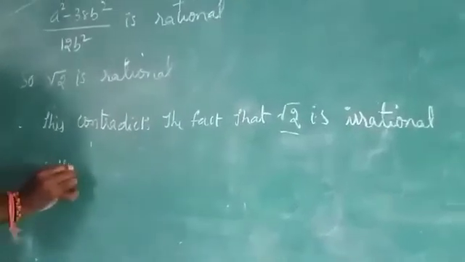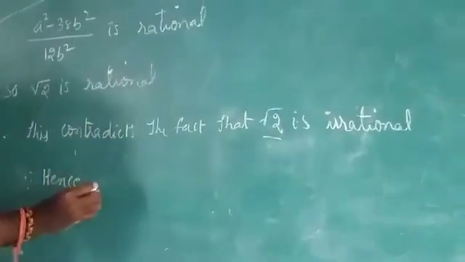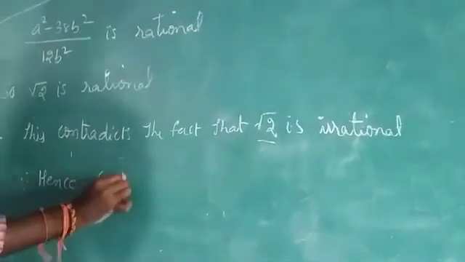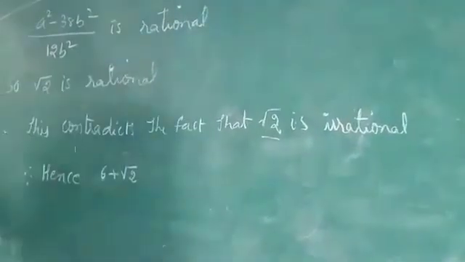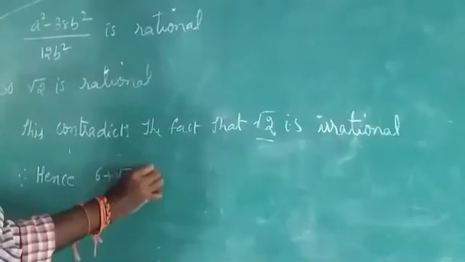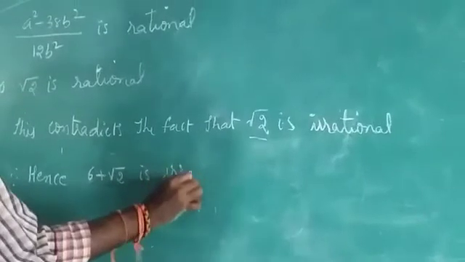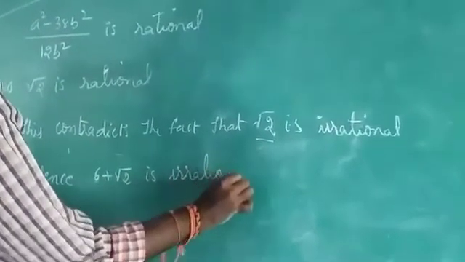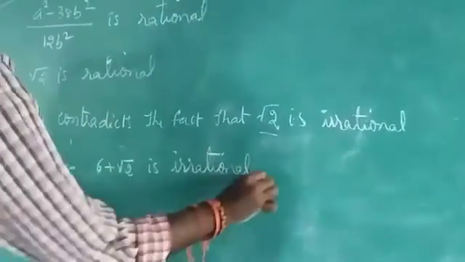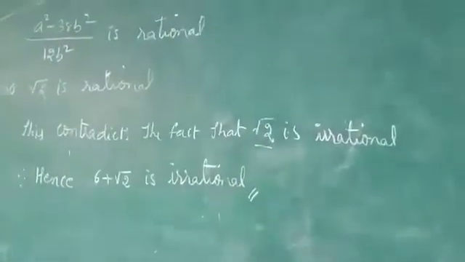Hence, we can tell that 6 plus root 2 is irrational.